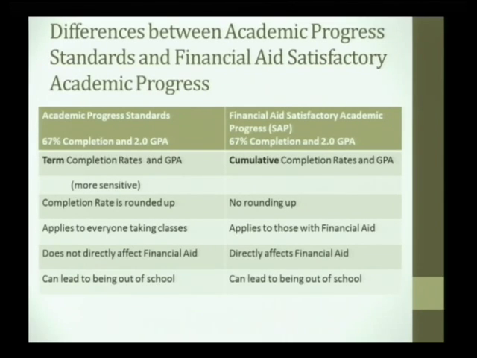So if you're getting financial aid, you have two sets of standards. They're similar but different. The academic progress standards are based on every term. So every term you're expected to meet that 67% completion of credits that you're enrolled in as of the refund deadline and a 2.0, whereas financial aid SAP standards are cumulative.